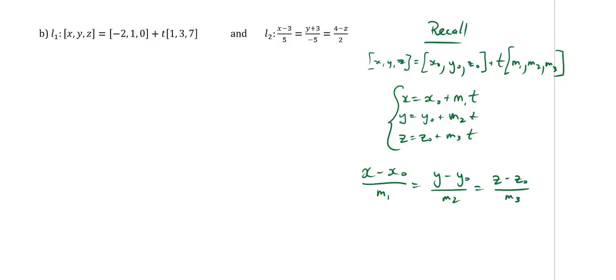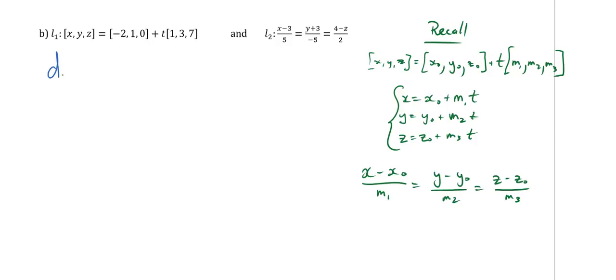And we see where the direction vector is from vector form, from parametric form, from symmetric form, where the position vector is in each form. So we can pull that out without rearranging. Save us some work.